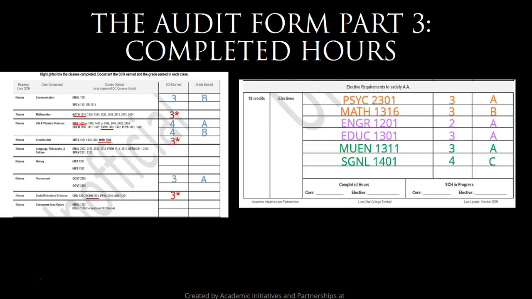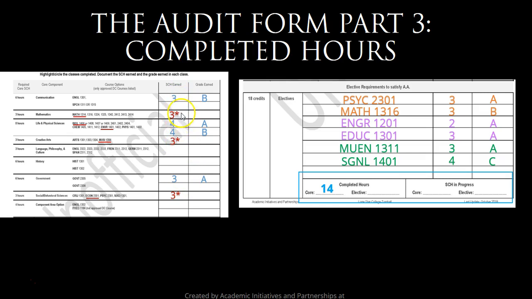Okay, so if we look at this complete degree plan, we have the core here and we have the electives here. If we calculate all of these, this person has completed 14 hours in the core. We calculate that by counting the blue here.